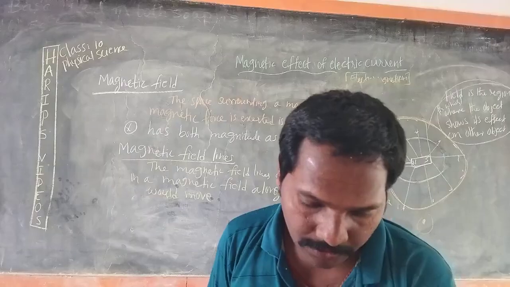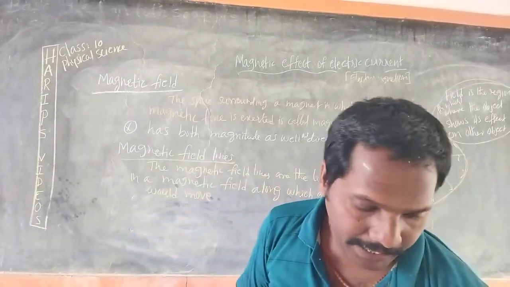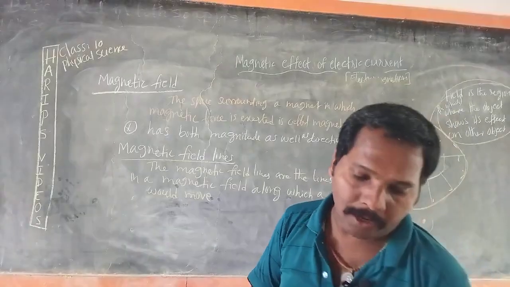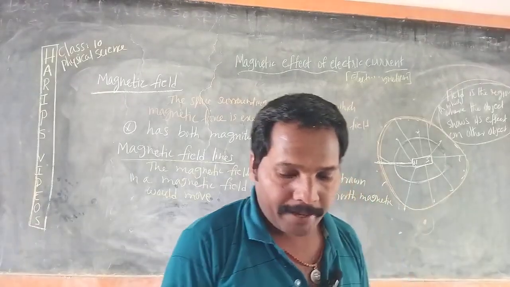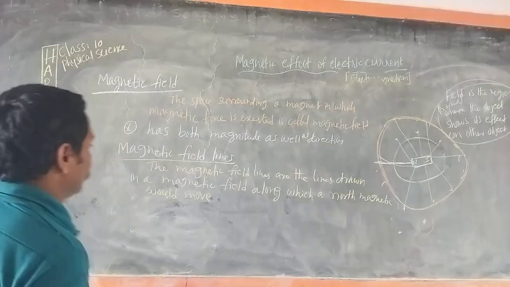Magnetic field lines. The magnetic field lines always emerge from the north pole of a magnet and merge at the south pole of the magnet.